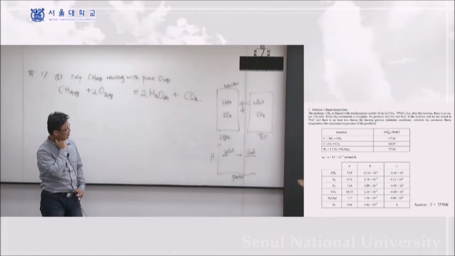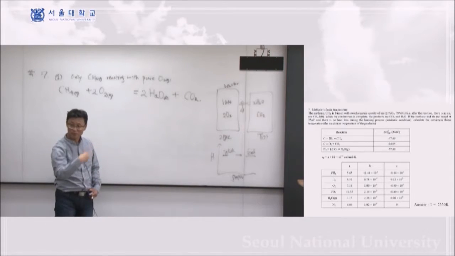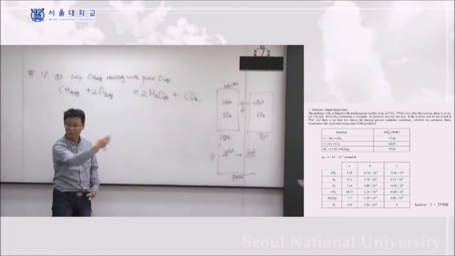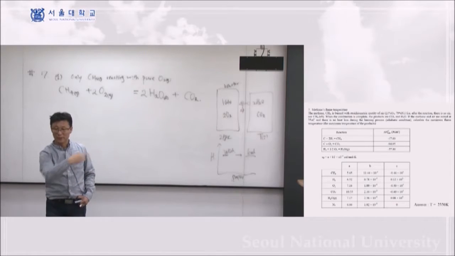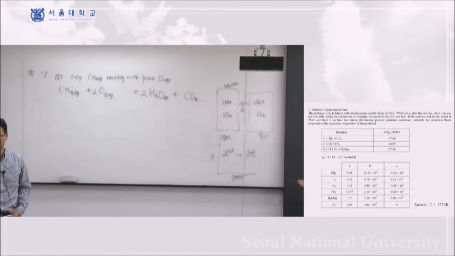You have the same problem. Reactant and product are in different forms, and you have different temperatures. So you cannot do this kind of thermodynamic calculation in one step. You have to break it down into two steps: one isothermal condition and one increase of the temperature. You always have to do it this way.